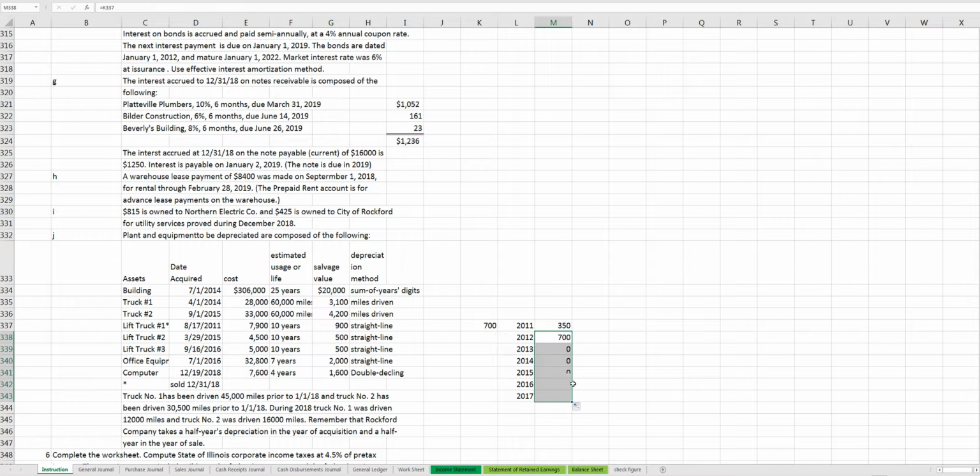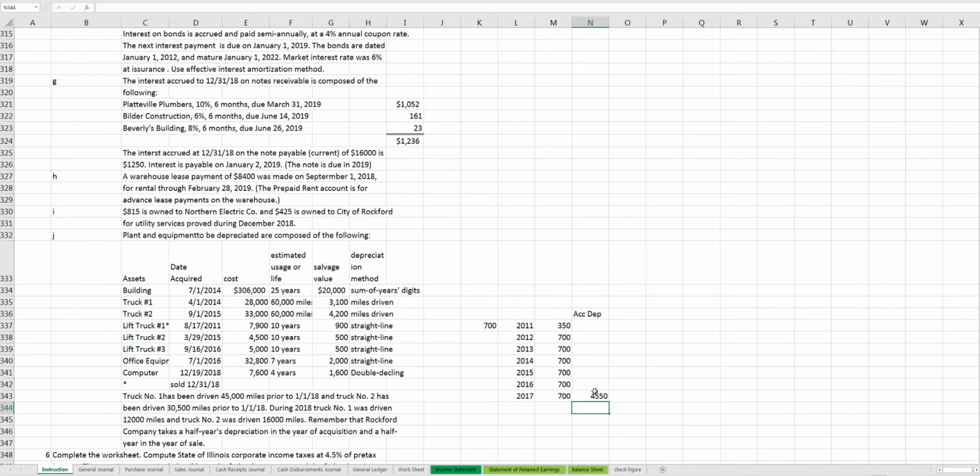So in total, accumulated depreciation as of 2017 is $4,550, right?